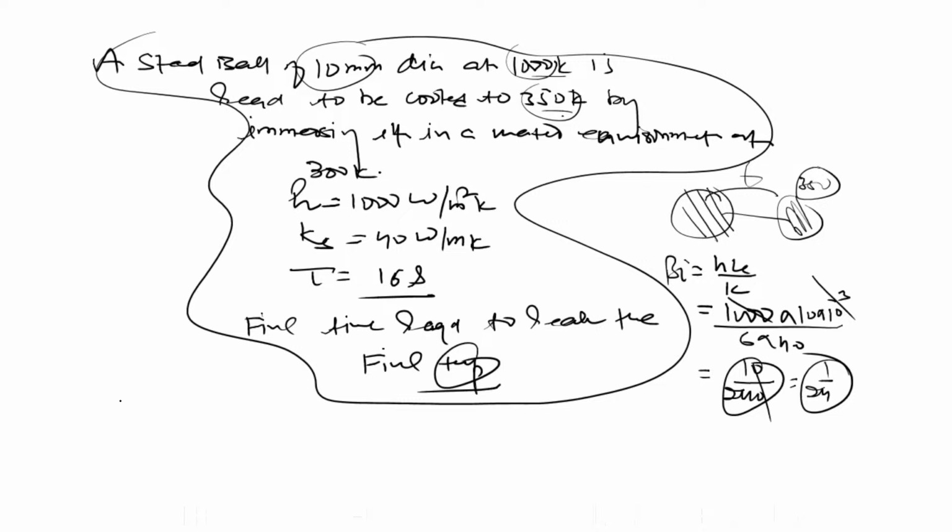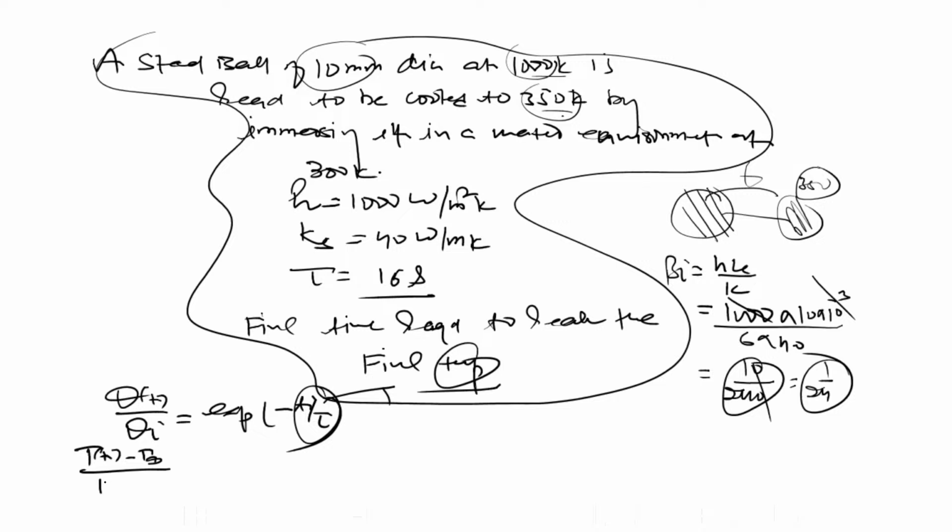Although you need not check here, how should I solve? The formula is known: theta t upon theta i equals exponential of minus t upon tau. This is also called Biot number and Fourier number. So theta t is temperature at time t minus T infinity, upon Ti minus T infinity, equals exponential of minus t upon tau. Tau is given, fortunately 16 in SI system, seconds. If it is in minutes, you have to change it to seconds, because every data should be put in SI system to avoid mistakes.